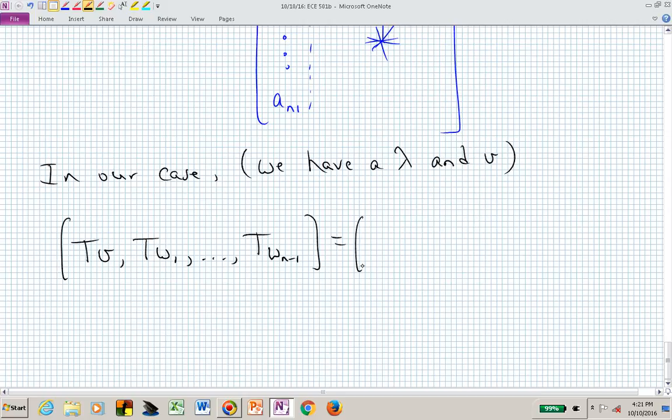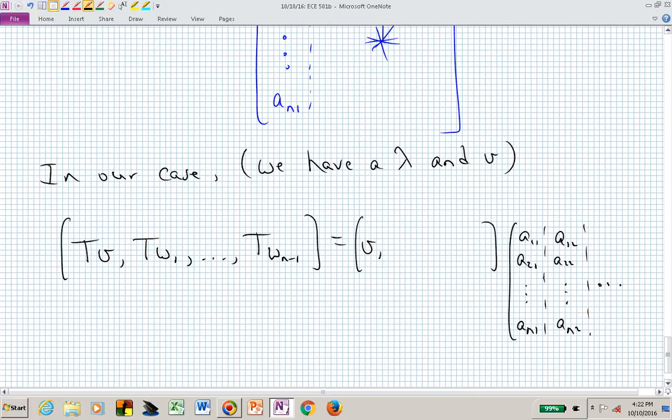We now want our matrix representation, which is A11, A21, up to An1, then A12, A22, up to An2, etc. These are now describing how we are weighting our basis vectors.